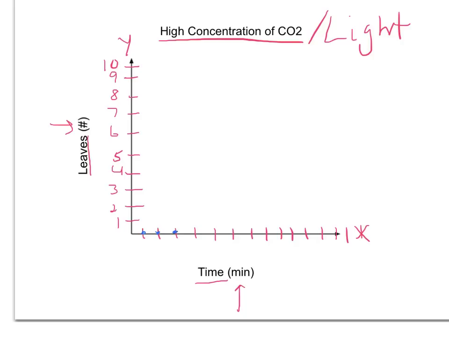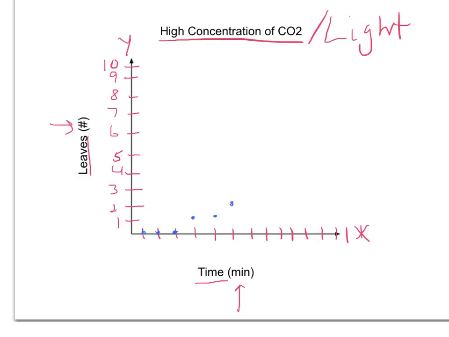At minute 4, we saw 1 leaf floating, so you're going to plot a 1 at minute 4. The same was true, there was only 1 leaf floating at minute 5. At minute 6, we saw that there were now 2 leaves floating, and so you'll plot that at minute 6. Alright, and you'll continue to do this for the rest of your data up until minute 15. Please do that now.